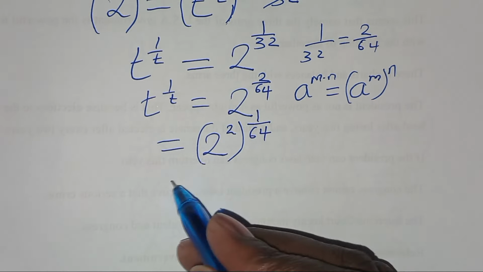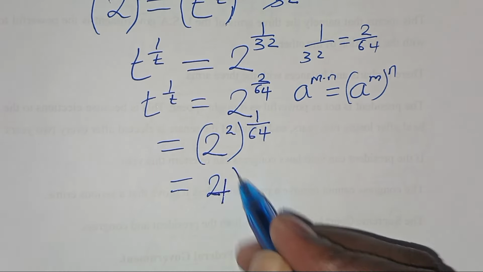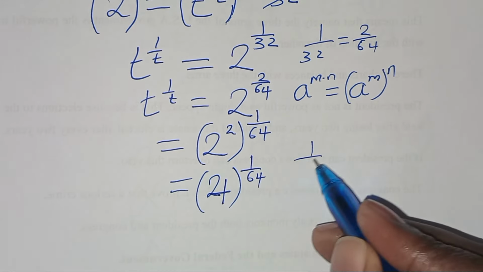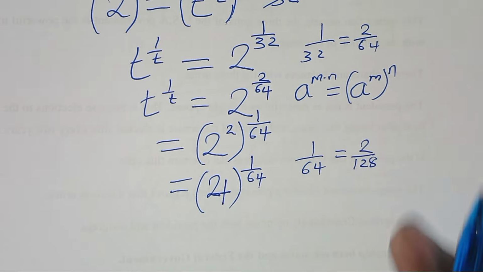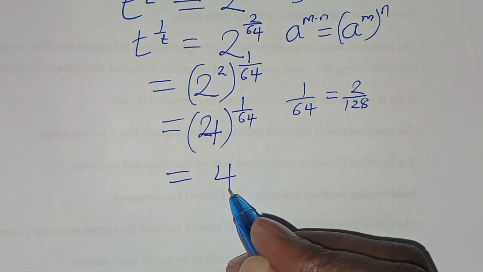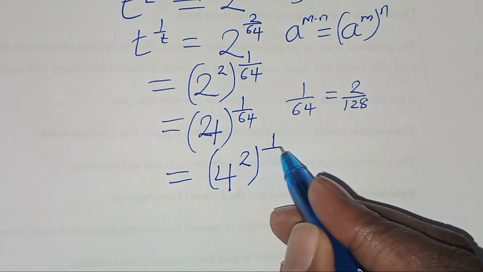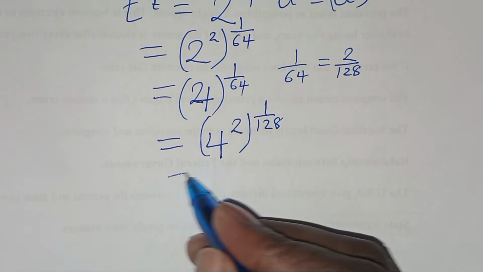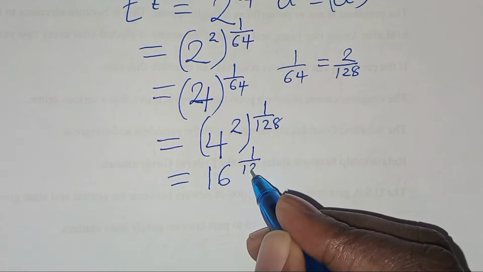So this is the same thing as 2 to power 2, which is actually equal to 4 raised to power 1 over 64. So 1 over 64 is the same thing as 2 over 128, so that now here we'll have 4 to power 2 raised to power 1 over 128. So here we'll have 4 squared, which is 16, raised to power 1 over 128.